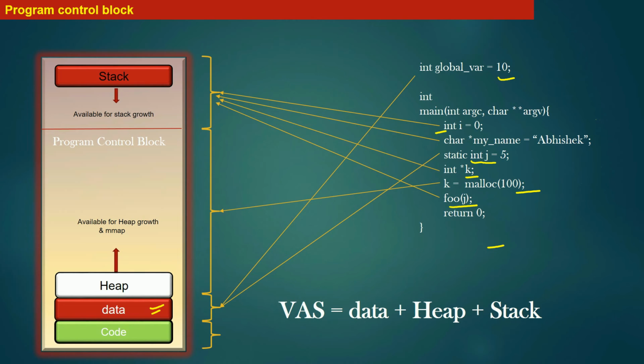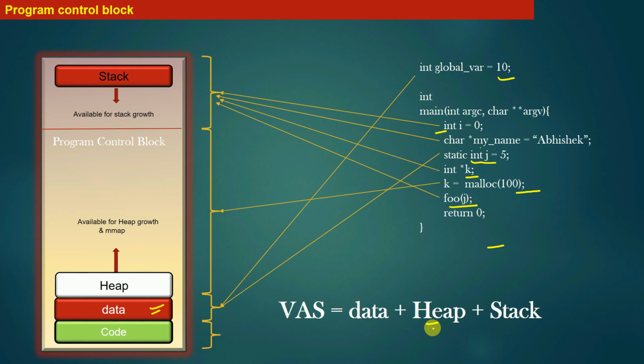By definition, virtual address space is the set of all addresses which your program can access, and your program can access all the addresses that reside in data memory. That is, your program can access static and global variables, of course, and your program can always access any memory that is dynamically assigned.